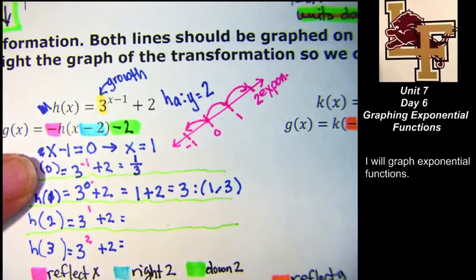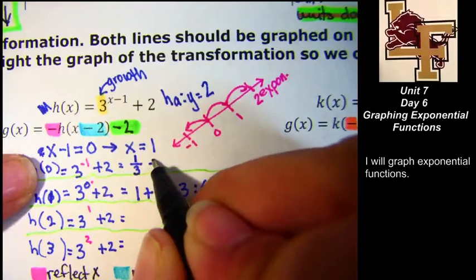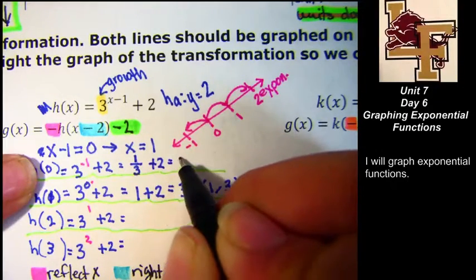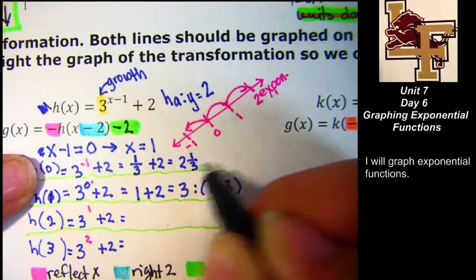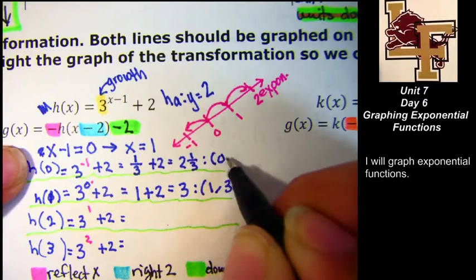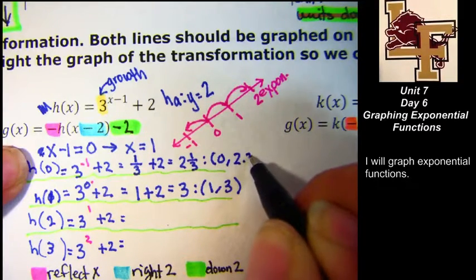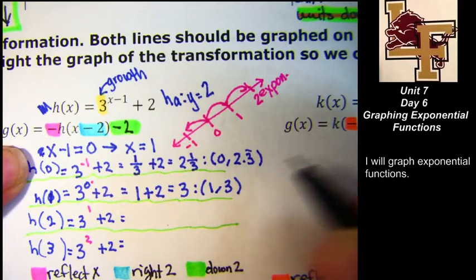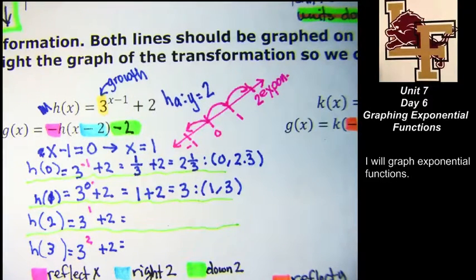I don't need to write a +1 exponent, so I'm just going to write it without the exponent. So this is 2 1/3. And so my point is (0, 2.3 repeating). I transferred that into a decimal for you because I know that some of you find decimals easier to plot than fractions.